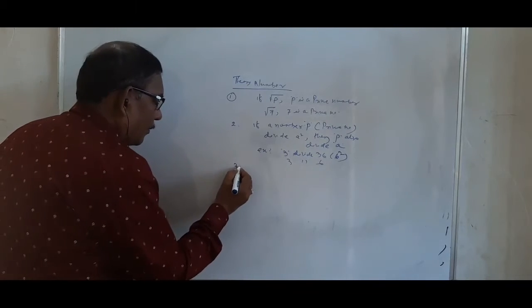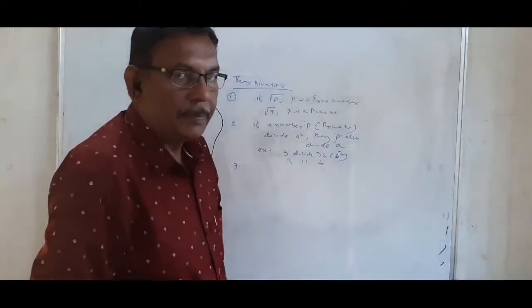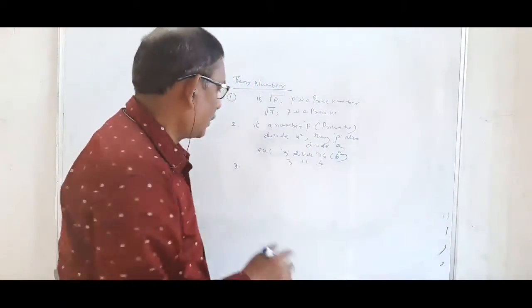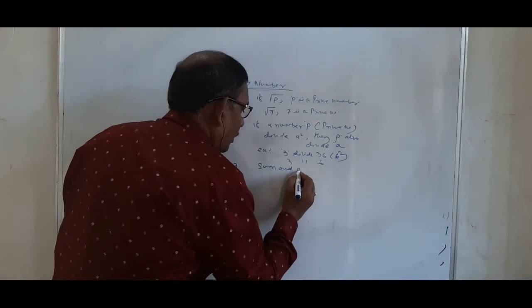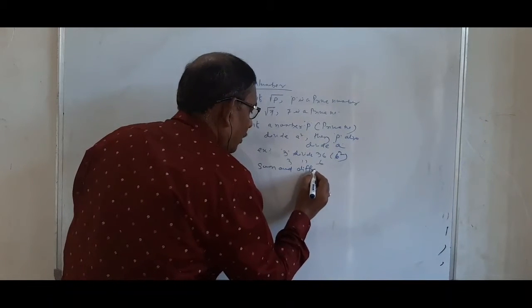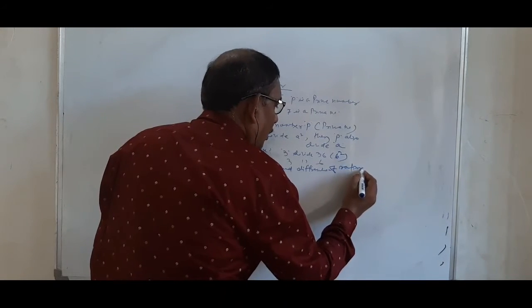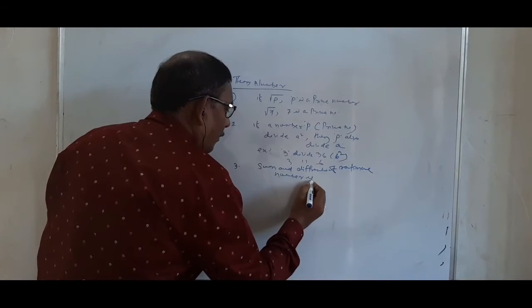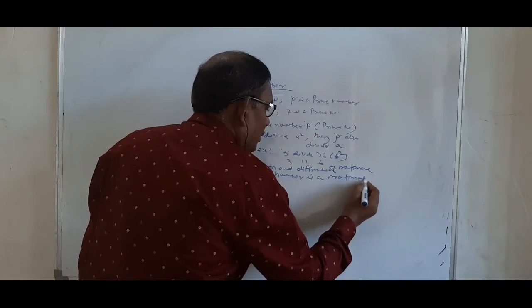Number 3. The sum and difference of a rational and an irrational number is always an irrational number.